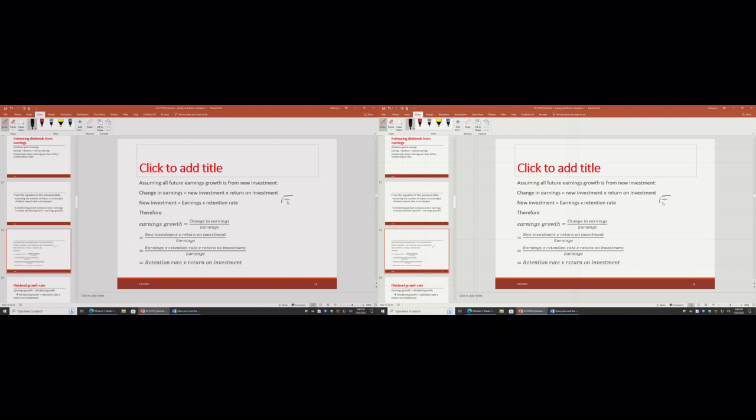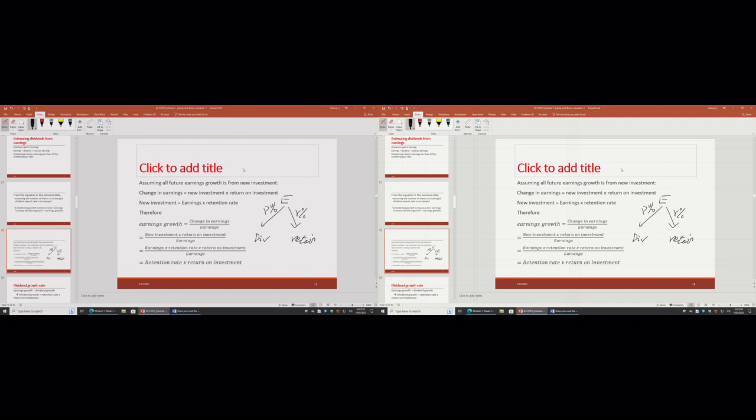So earnings will be paid out as dividend, or it can be retained, right? The portion of the earnings that will be retained is called the retention rate. And the portion of the earnings that will be paid out as dividend is called the payout ratio. Okay, payout ratio.